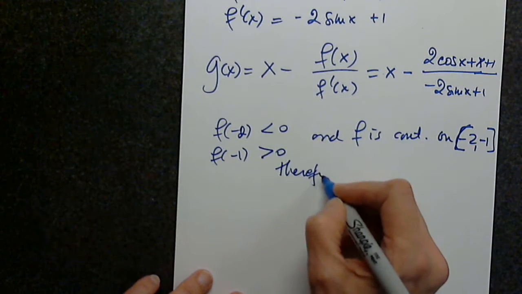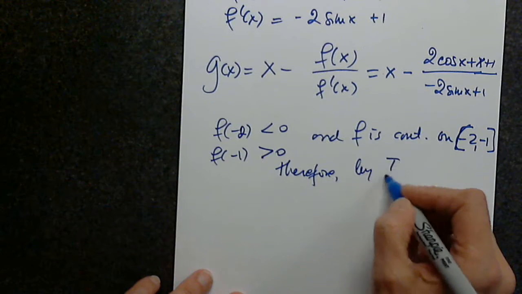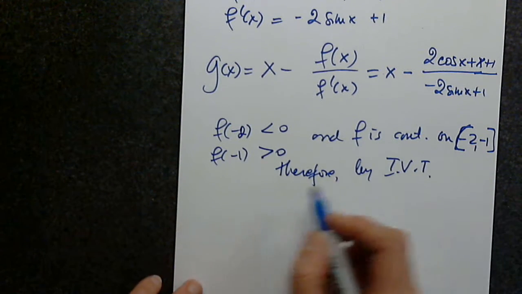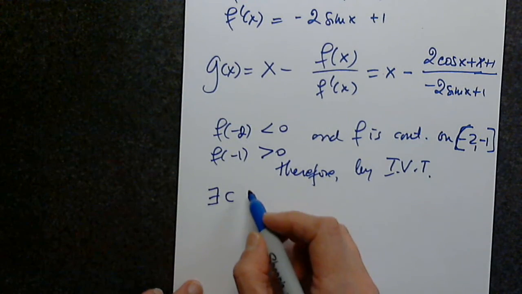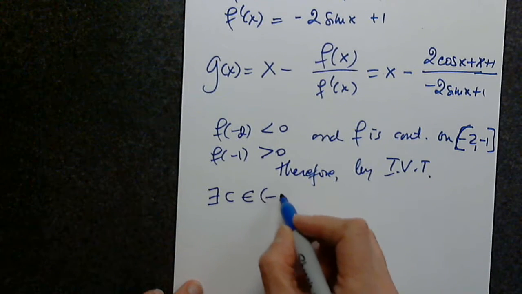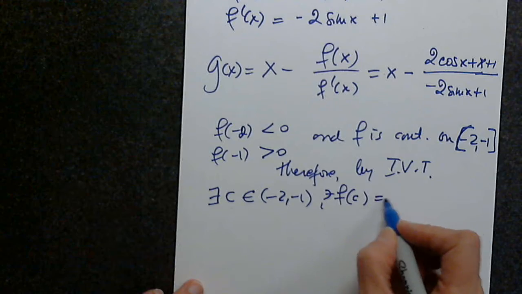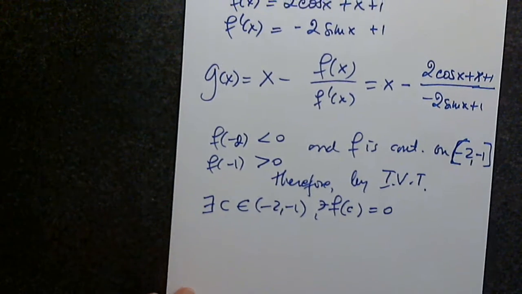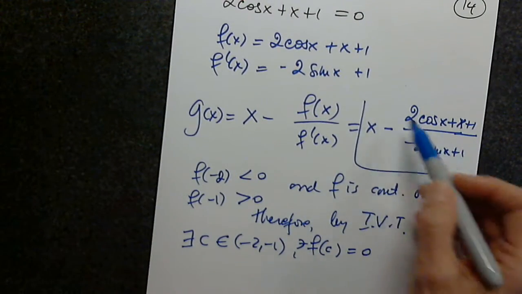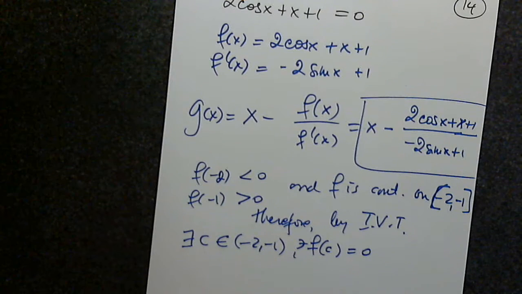Therefore, by the intermediate value theorem, I will find a number c in the interval -2, -1 such that f of c is 0. Then I create Newton's method as a function that I will be putting in the graphing calculator.